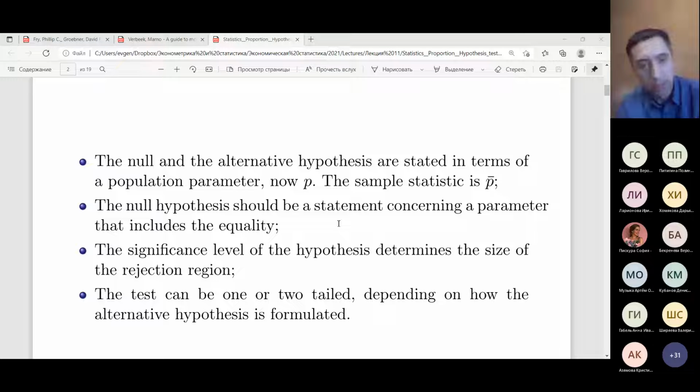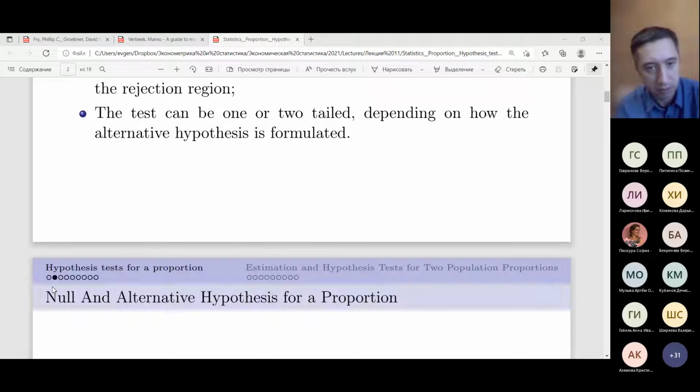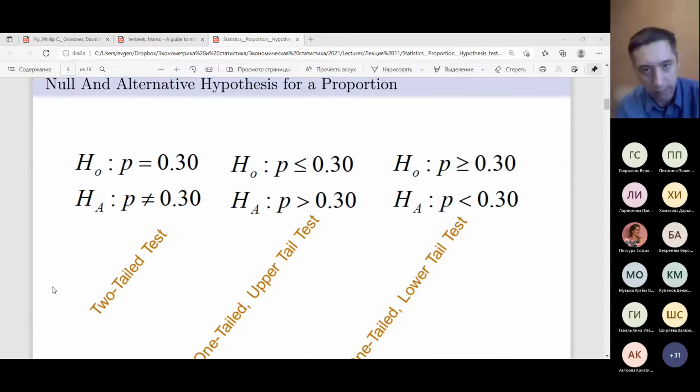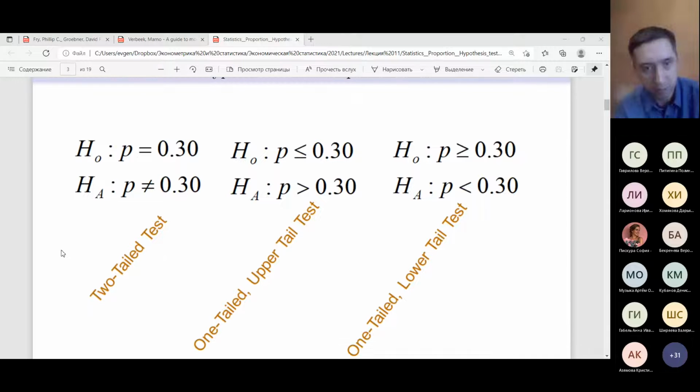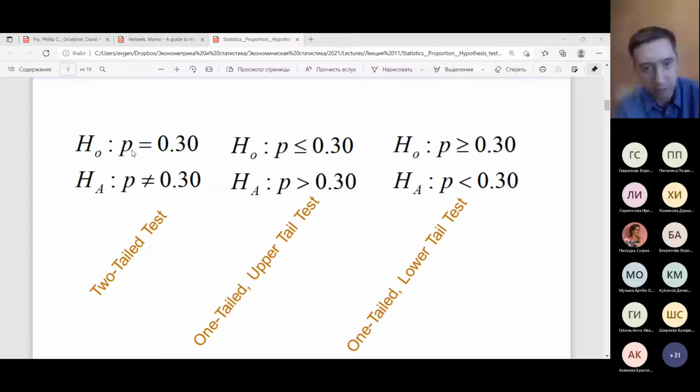I suppose all of these points are familiar to you, and it's not difficult for you to formulate such hypotheses. When we have an inequality in the alternative hypothesis, we work with a two-tail test, and once we work with strict inequalities in the alternative hypothesis, we deal with a one-tail test.